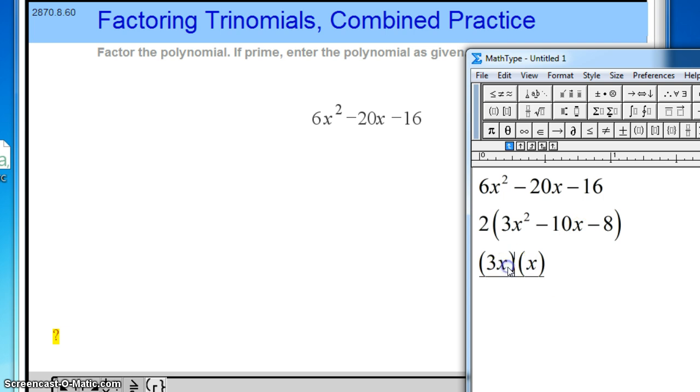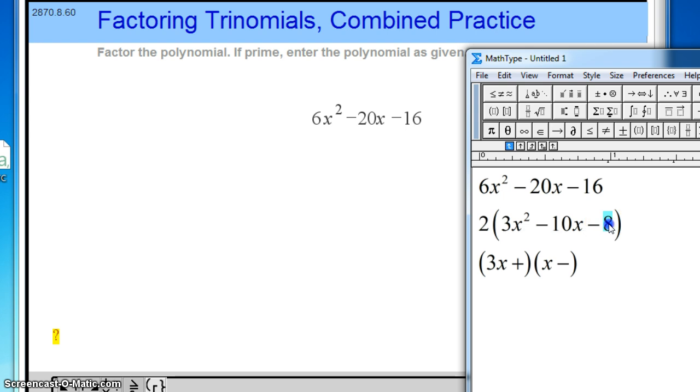We know that there's going to be a minus and a plus term here, because if they're both pluses or both negative, the last term would be a plus. So one has to be a negative and one has to be a positive, but we don't actually know the order. It could be something like this and something like this.